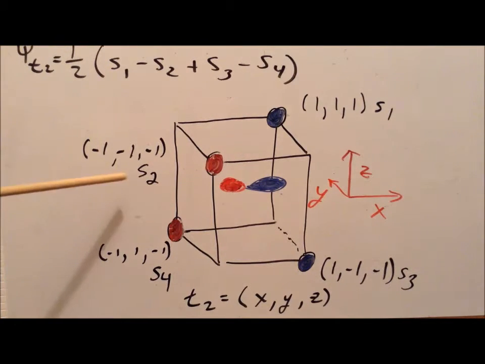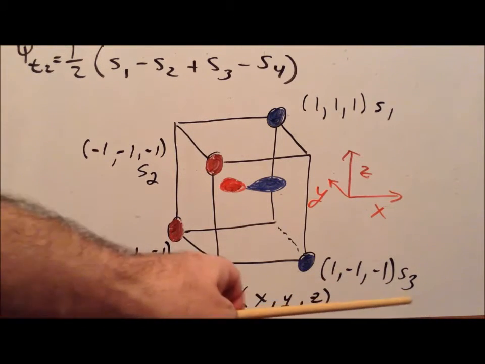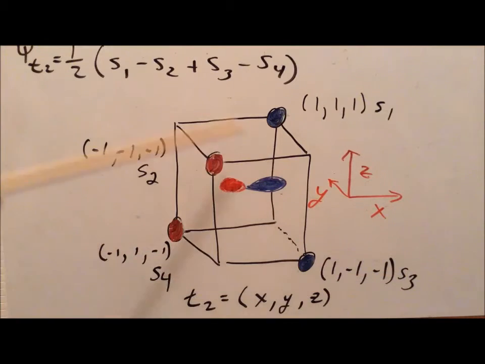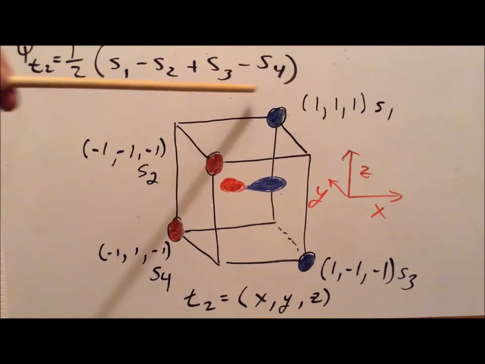Similarly, for S2, the x coordinate is minus 1, so the coefficient of S2 is going to be a minus 1 in the molecular orbital. For S3, the x coordinate is again a positive 1, so we have a positive 1 as the coefficient for S3. And for S4, the x coordinate is minus 1, so the coefficient is minus 1 for S4. That gives us an overall molecular orbital of 1/2 (S1 minus S2 plus S3 minus S4).